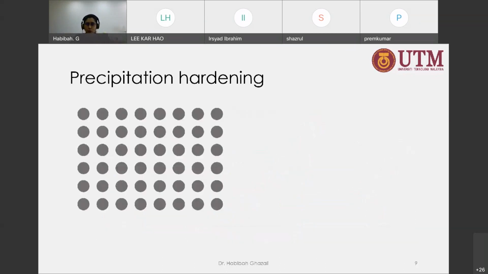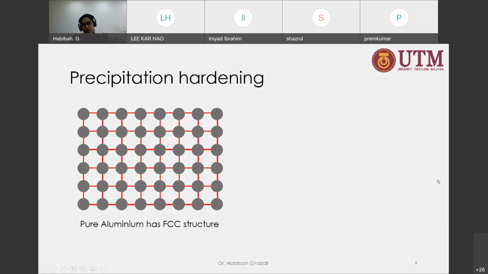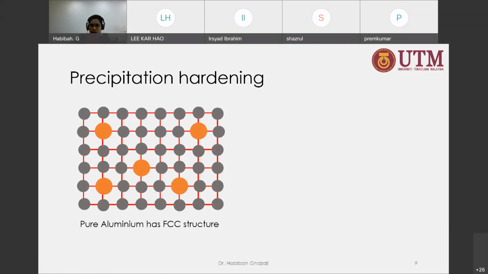So if you want to look at the mechanism of this precipitation hardening, as I've mentioned, the alloying element, we can imagine that the host material is aluminum. As I said, we've learned that aluminum has an FCC crystal structure. So what's going to happen when we add copper? Copper will reside in the crystal structure of aluminum, in that alpha solid solution.